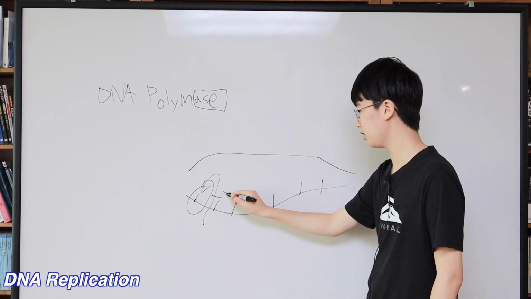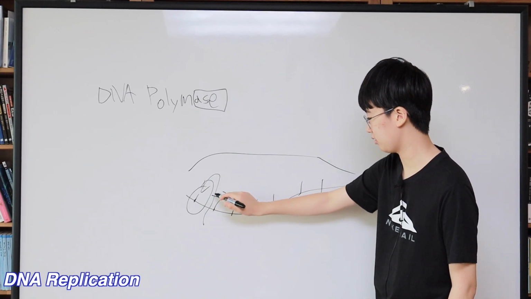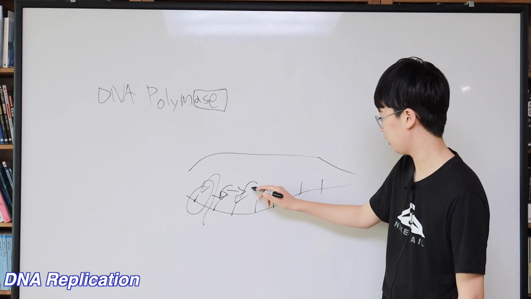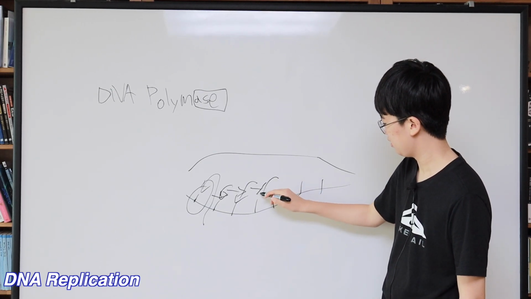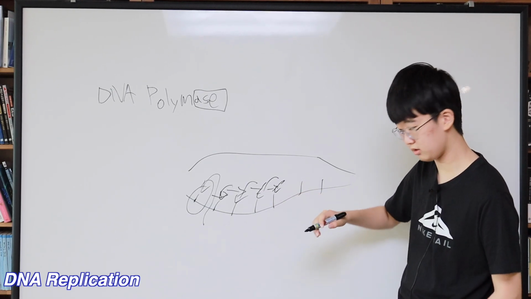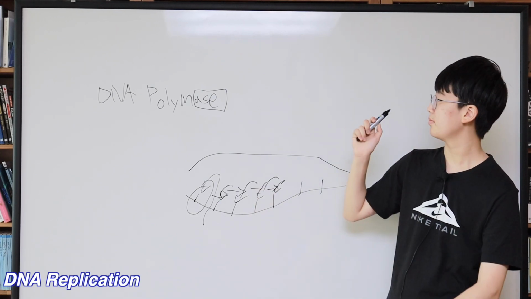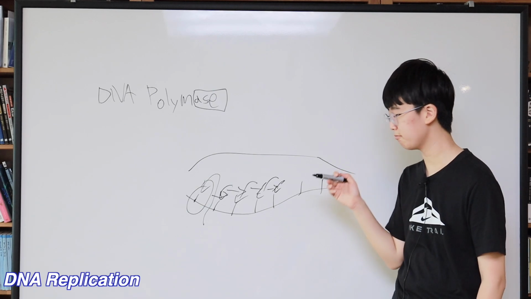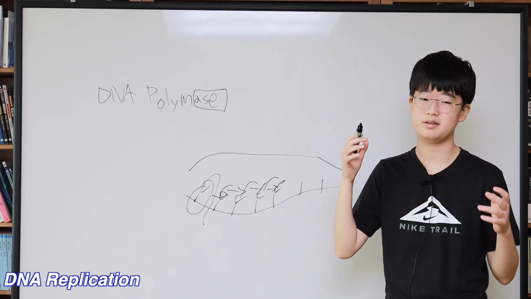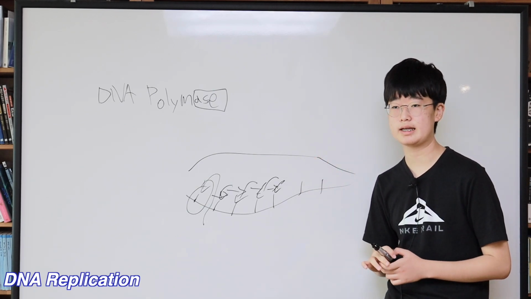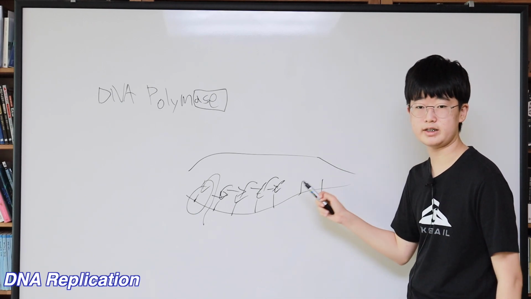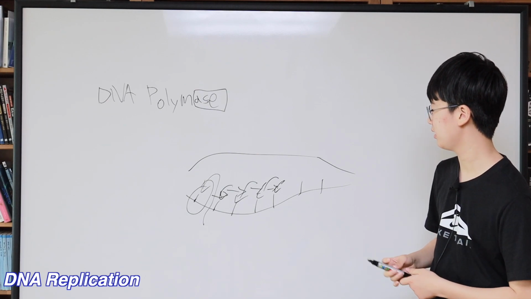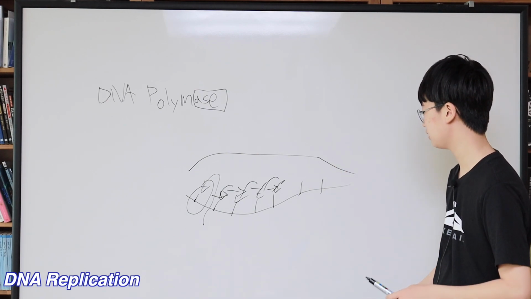It goes on, gets energy from it, puts another one on, and then goes on to another, and so on. DNA polymerase is probably the most important enzyme of DNA replication. It is very important.